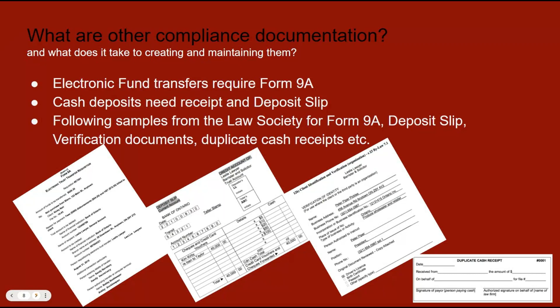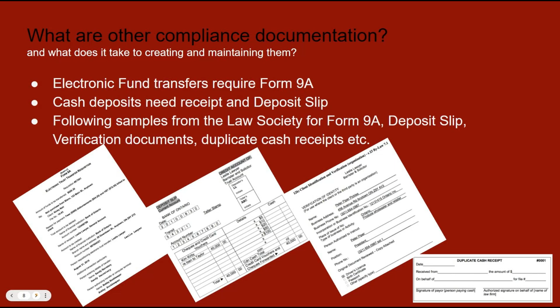So we had seven documents. At a minimum, you have a Form 9A depending on the jurisdiction, and you have the deposit slip, maybe even a duplicate cash receipt.